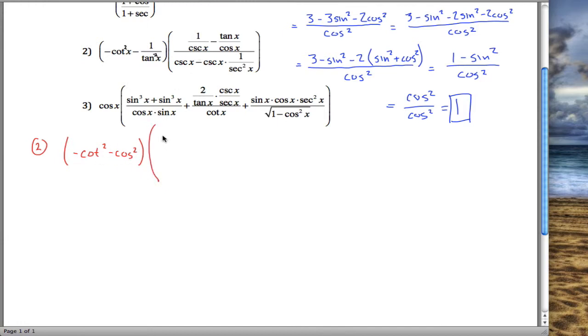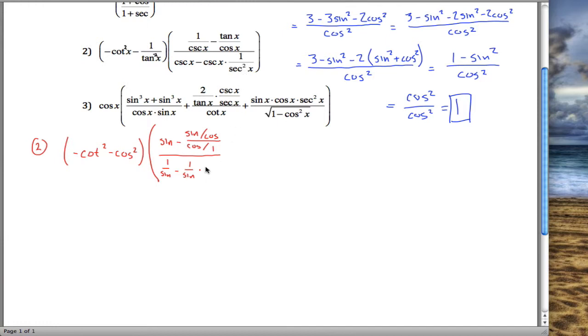1 over cosecant, that's the same as sine. Tangent, that's sine over cosine, divided by, maybe for that cosine I'll write it as cosine over 1, so it's a fraction over a fraction. And then on the bottom, cosecant, it's 1 over sine, minus cosecant again is 1 over sine, times 1 over secant squared.